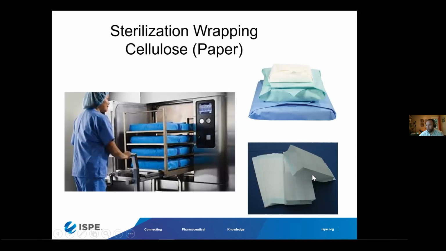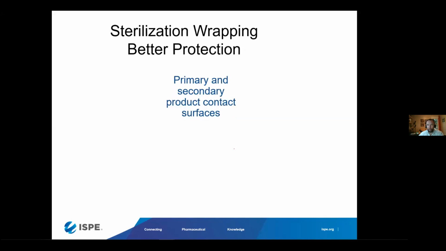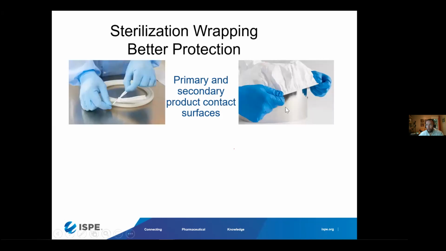There are some pouches here on the lower right, but these don't necessarily meet those attributes that I just talked about. So the expectation now in the industry is moving more towards better protection of critical surfaces using polyolefin or Tyvek based sterilization wrapping.